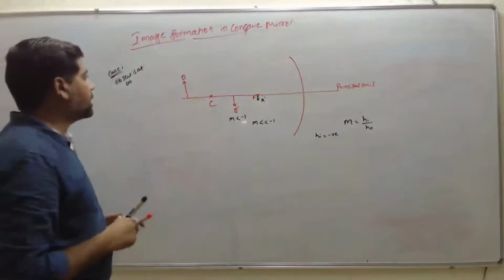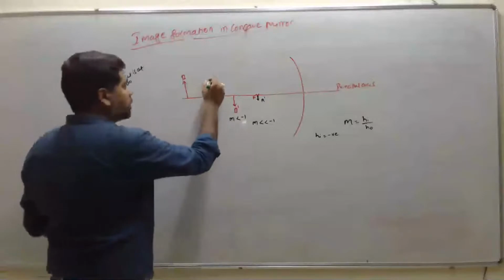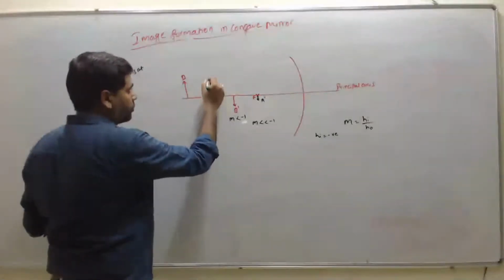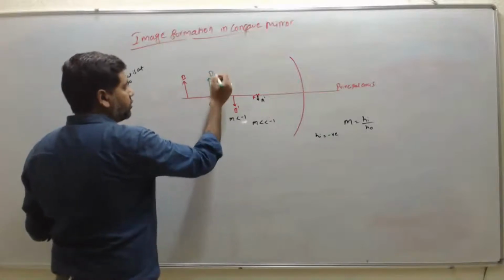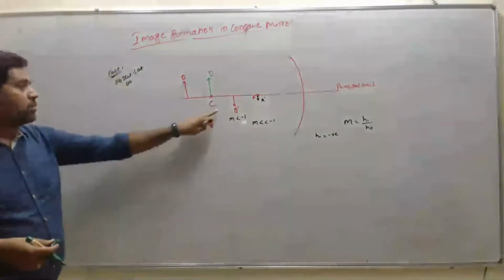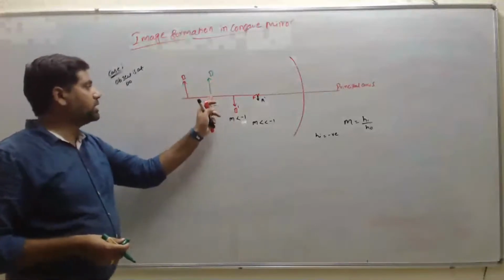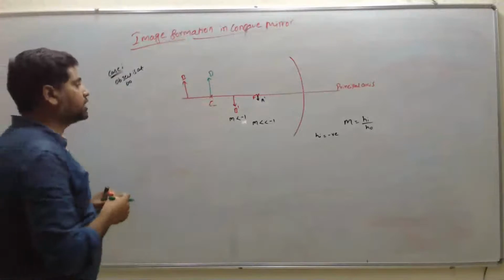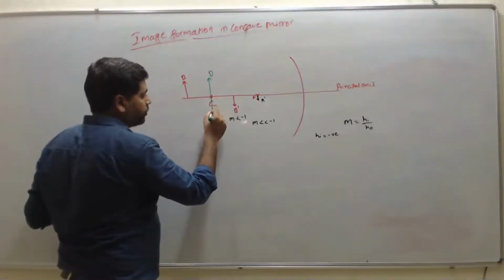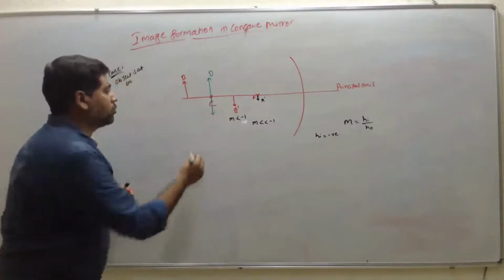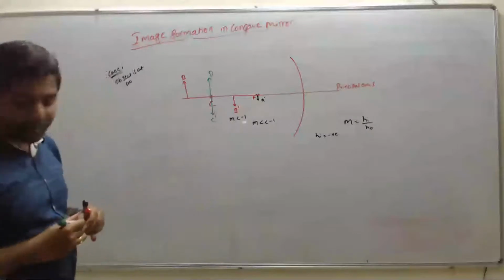Next, the third case is when the object is placed at the center of curvature. I am going to take this one as D, because with C we get confused. When the object is placed at C, the image is also formed at C. Here is the image C dash, right?